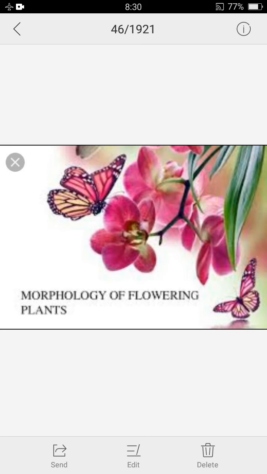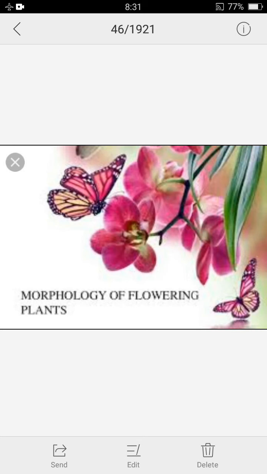What are the features that distinguish a stem from root? The stem is the ascending part of the axis bearing branches, leaves, flowers and fruits. It develops from the plumule of the embryo of a germinating seed.